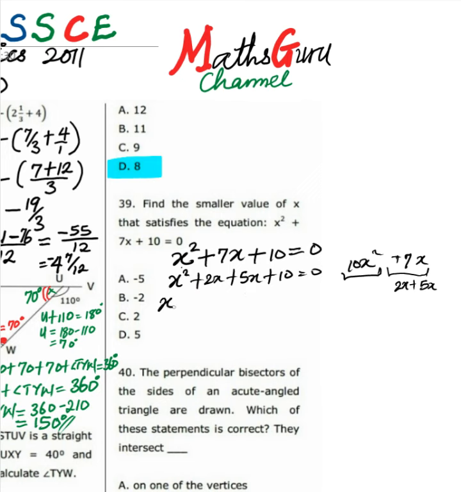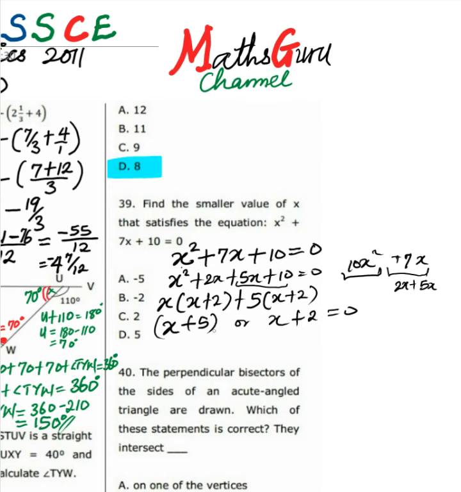So we have x into x plus 2 plus 5 into x plus 2. All right, we have x plus 5 equal to 0 or x plus 2 equal to 0.